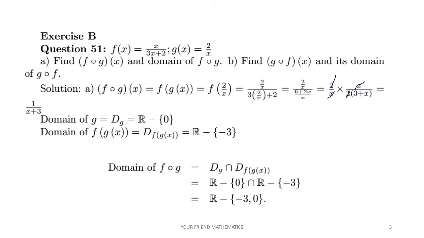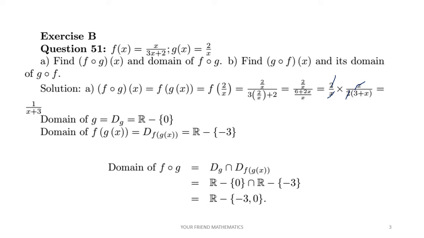Now to find the domain of f composition g, first we find the domain of g, which is the first function applying on x. You can see g is a rational function whose denominator is x, but x can't be 0. So domain of g is R minus {0}, the set of real numbers minus 0.